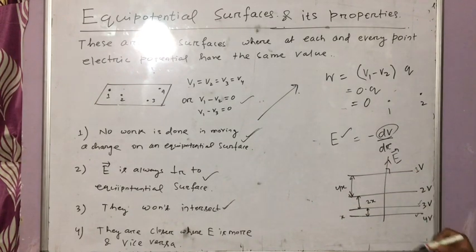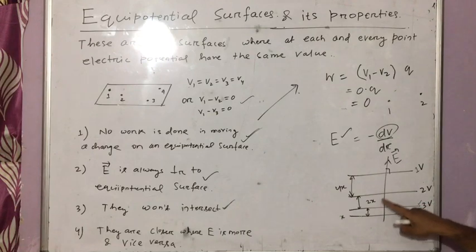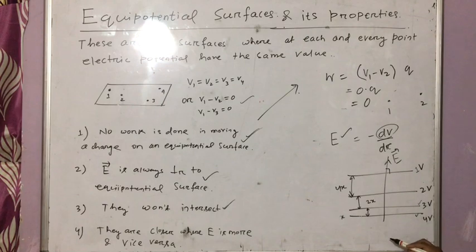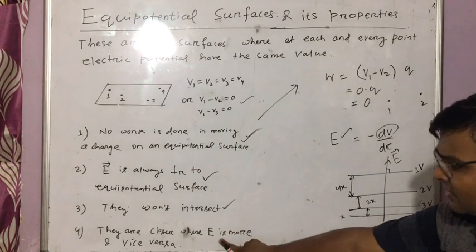Since in this region the two equipotential surfaces are closer, at this region the value of the electric field is more in comparison to the field at this region, because electric field is directed in the direction of decreasing potential, and the closer equipotential surfaces will give you the higher value of your electric field. That is what this point is explaining.